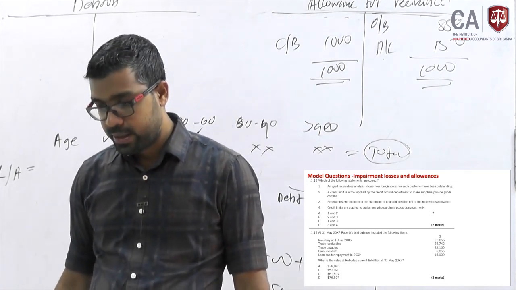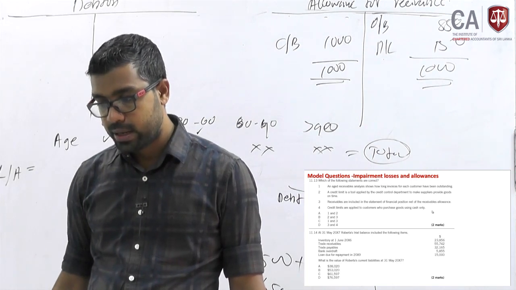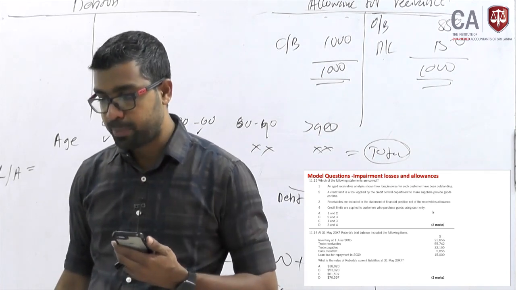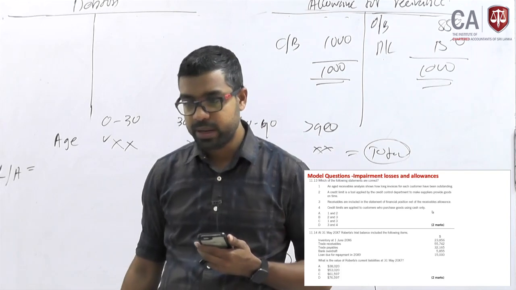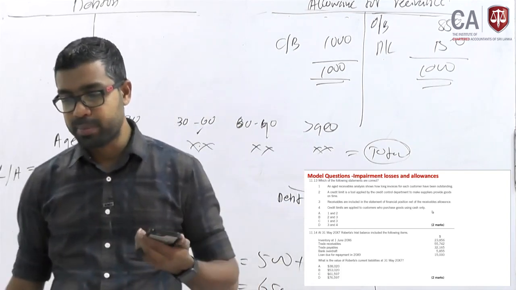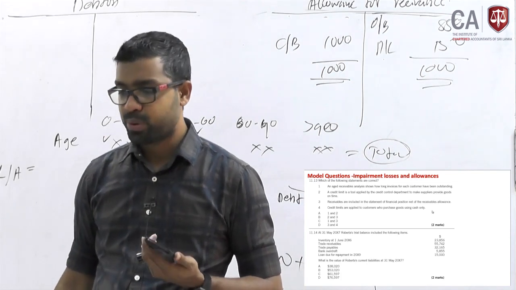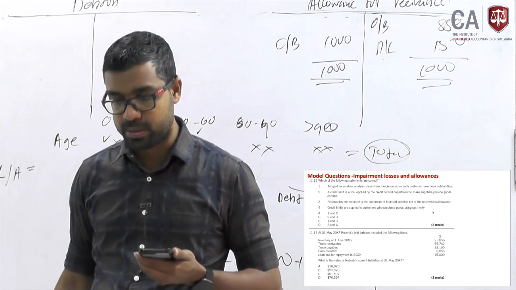Fine. Thereafter, a credit limit is the tool applied by a credit control department to make suppliers provide goods on time. No, that is wrong, right? Credit limit is not a tool applied by a credit control department to make supplier provide goods on time. There we are not talking about suppliers, here we are talking about customers.